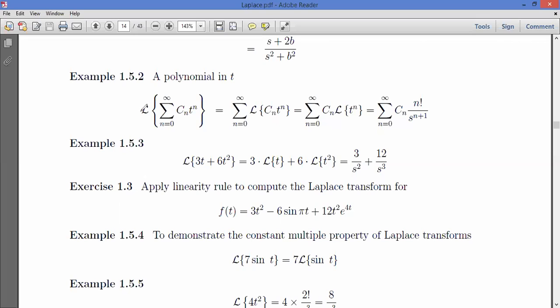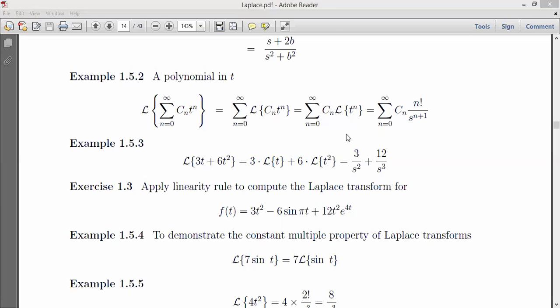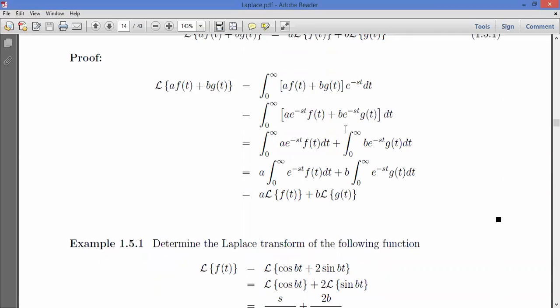So here we have L of the series. The L can go inside the series, so we can compute the Laplace of that. But remember, we talked about powers of t. So the c_n goes out and the L. Here we are applying the first rule, where we factored out.